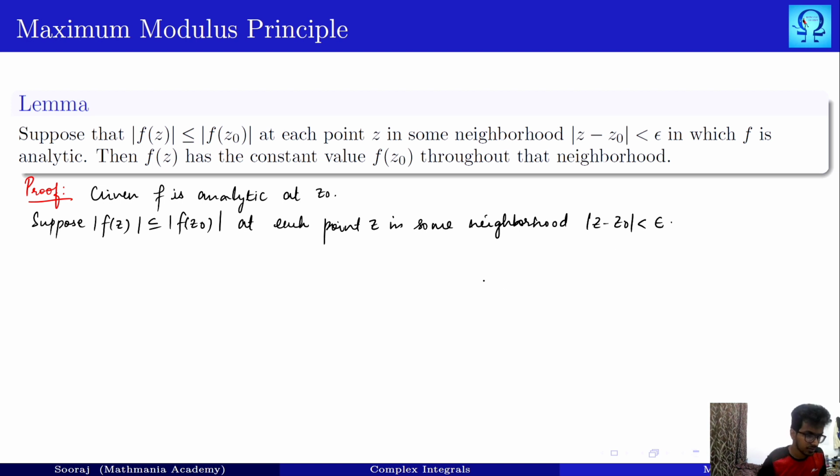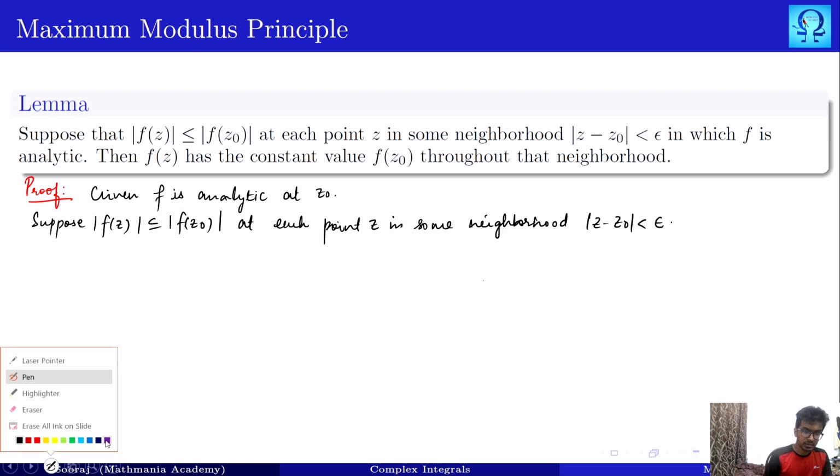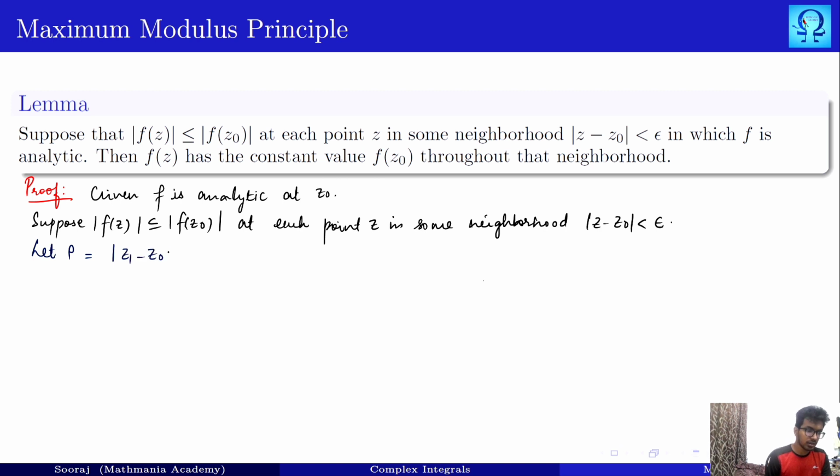Next, we let rho be the distance between z1 and z naught, for some point z1 other than z naught in the neighborhood.